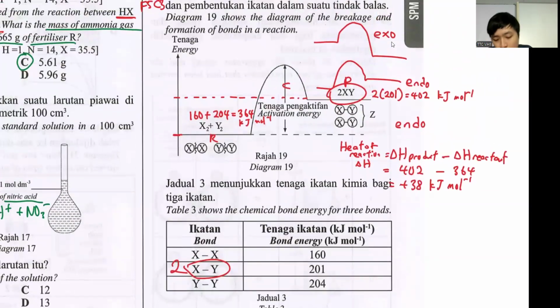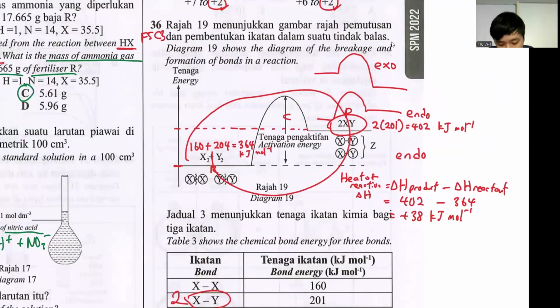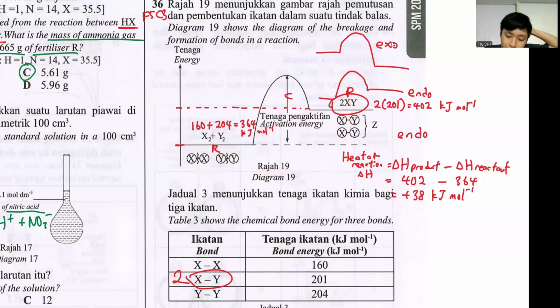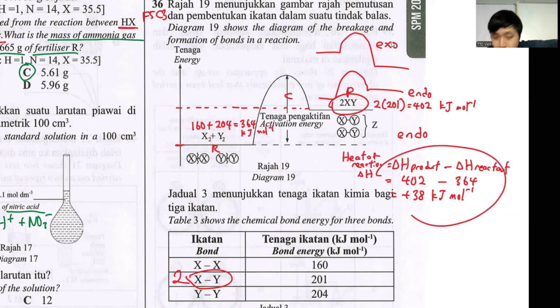Oh, but I forgot to tell you just now, sometimes they won't give you the proper diagram, so you have to know yourself. If they don't give proper, then you have to know the formula, delta H product minus delta H reactant. Then you can get the difference. Sorry if I forgot to tell.